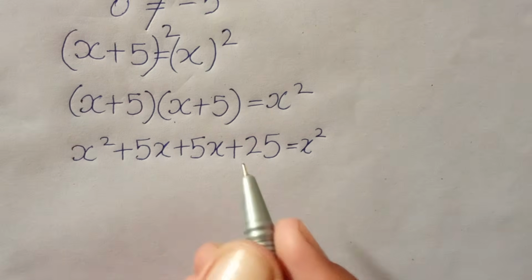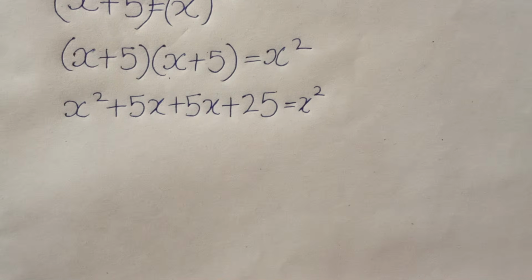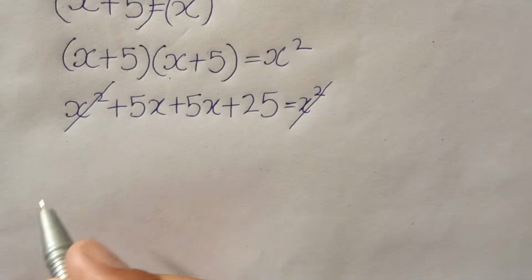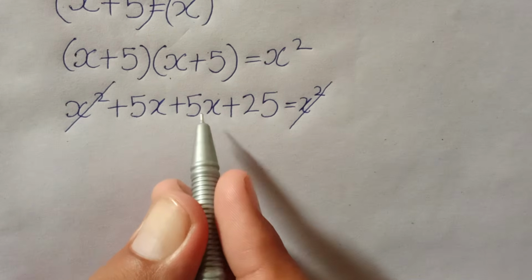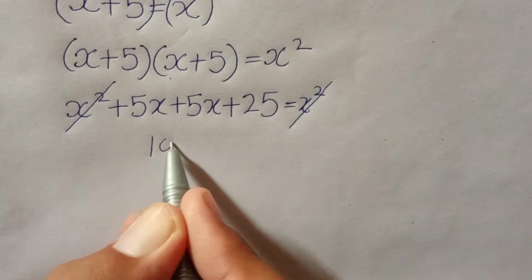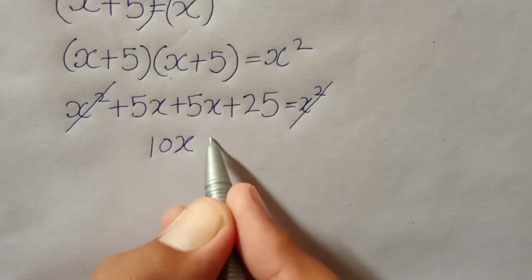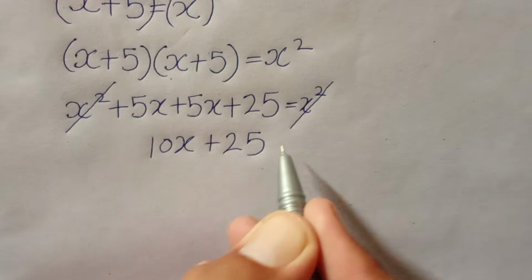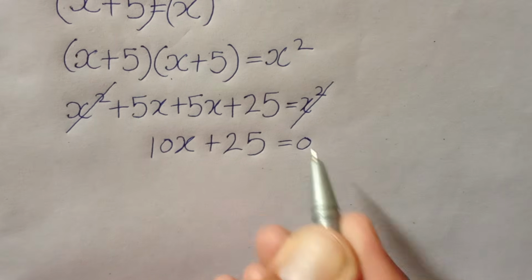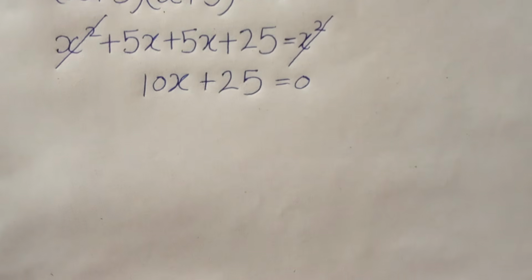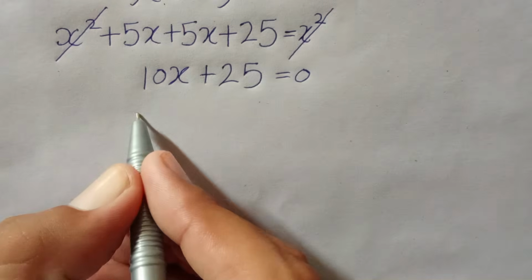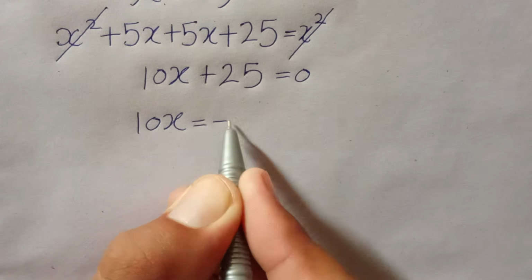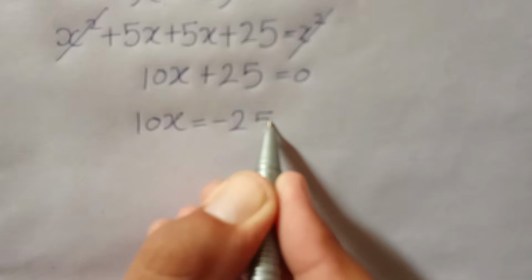In the next step, here this x square cancels with this x square and 5x plus 5x equals 10x, plus 25 equals 0. Now I shift 25 to the right hand side and 10x is equal to negative 25.